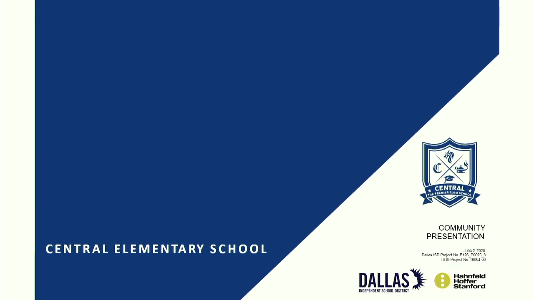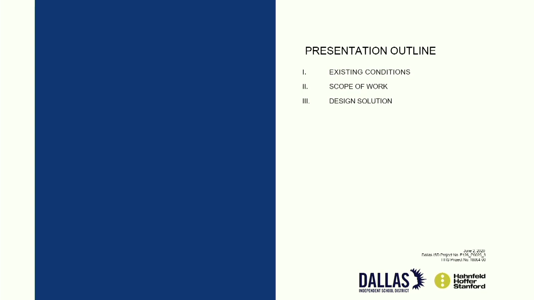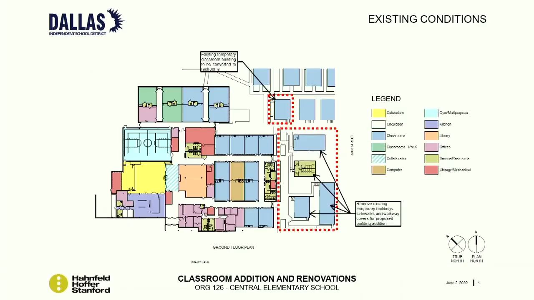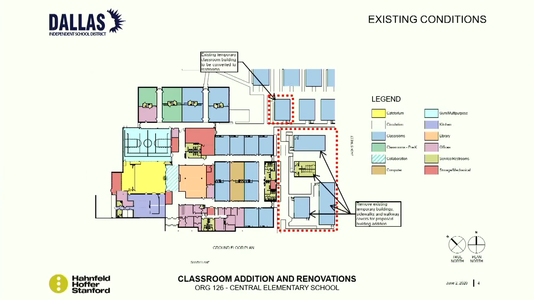I think your question was about the addition that's on the existing playground, because that doesn't occur in this phase. No, she was talking just about the classroom addition, the storm shelter, the location of the construction. Are there going to be any updates to the playground area, just to go off that? Not right now, no.